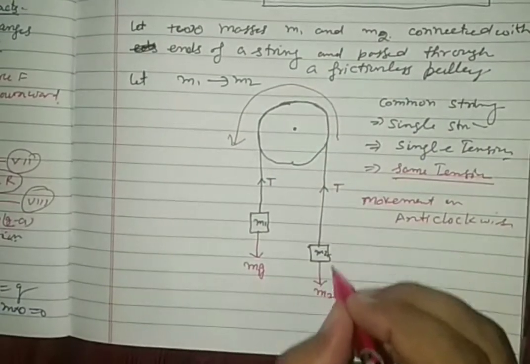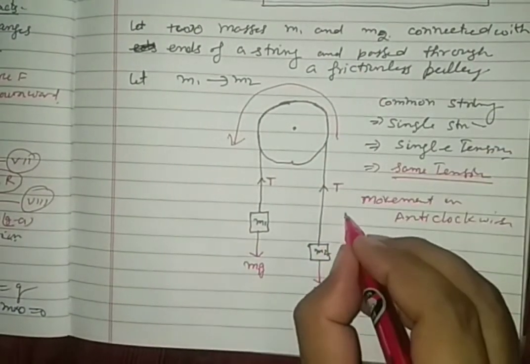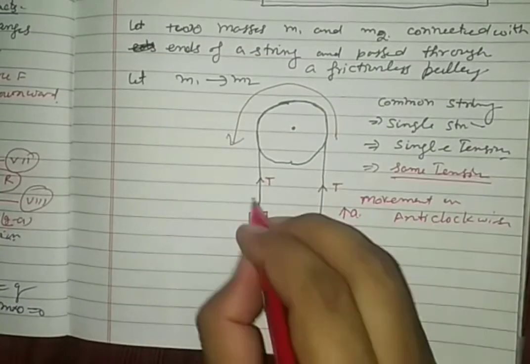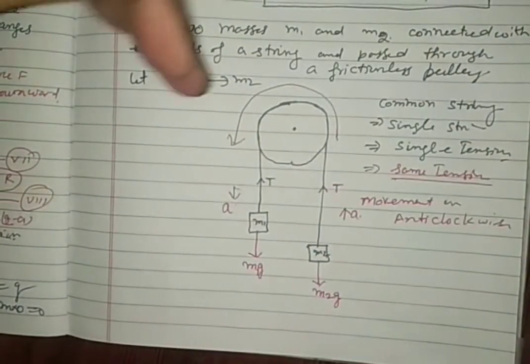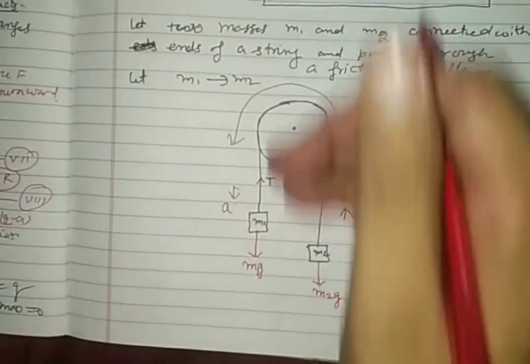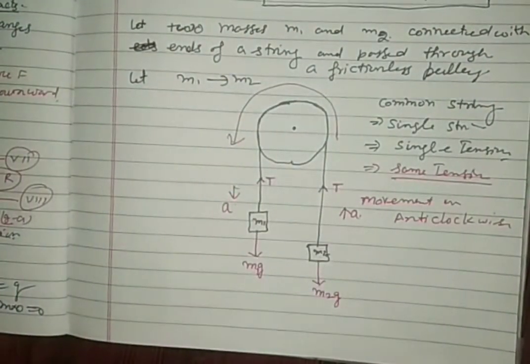If it moves down, the other mass will go up. So acceleration A is in the downward direction for M1, and it will go in the upward direction for M2.